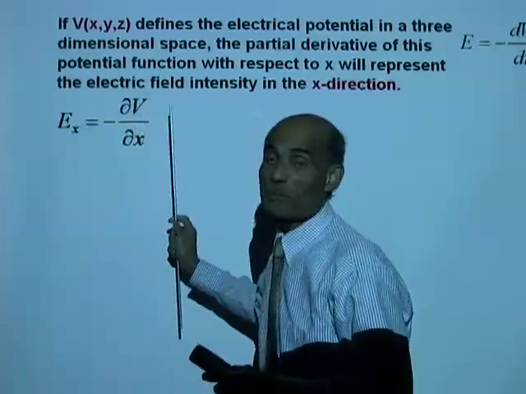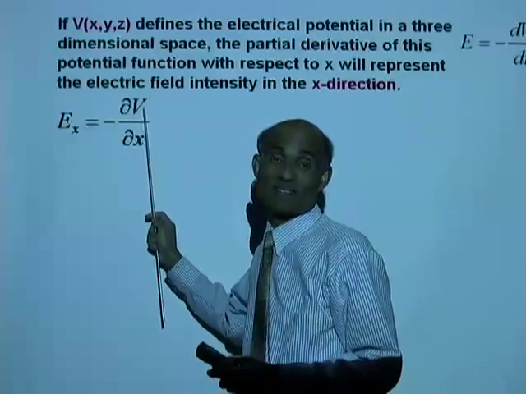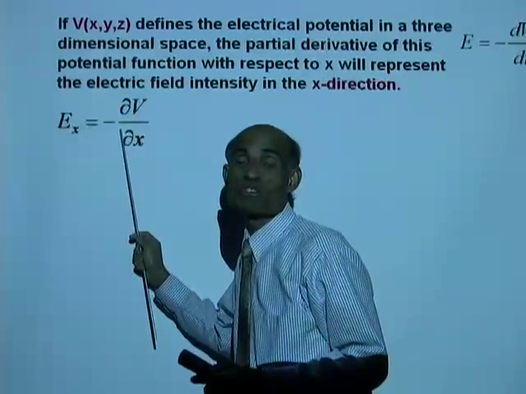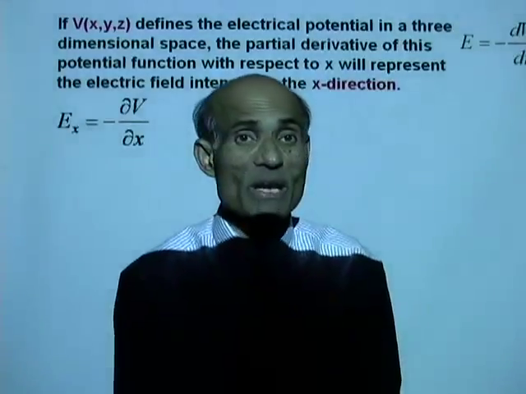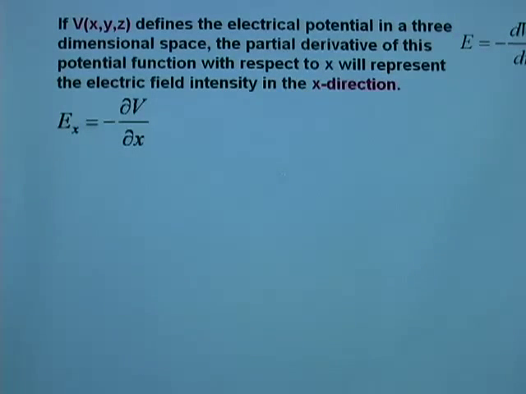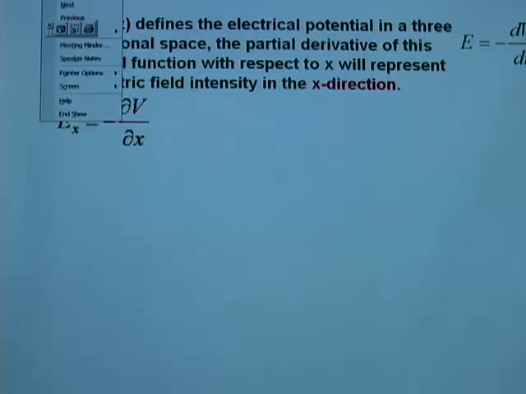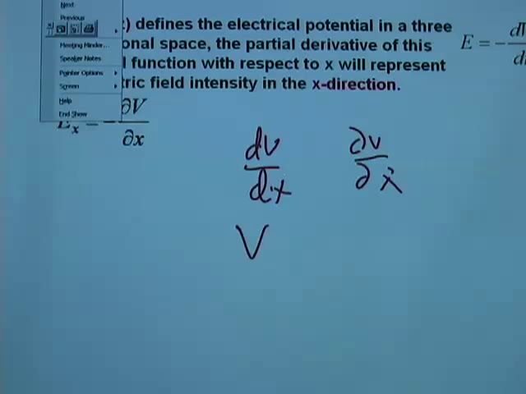Now, you see, some of you have some idea about what this is, but most of you don't understand this. There is a difference between, let me show you that, there is a difference between dV by dx and del V by del x. You see, dV by dx is the straight derivative of V with respect to x. Suppose V is a function of x, y, and z.